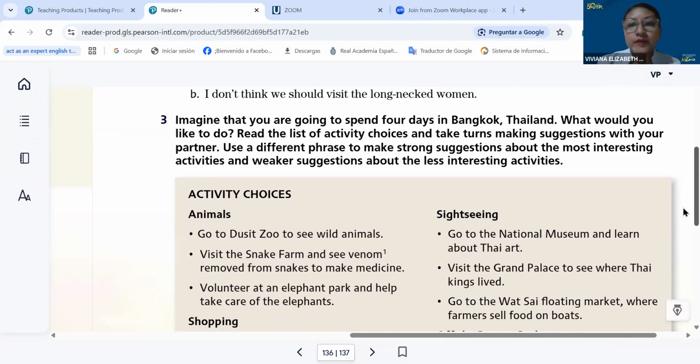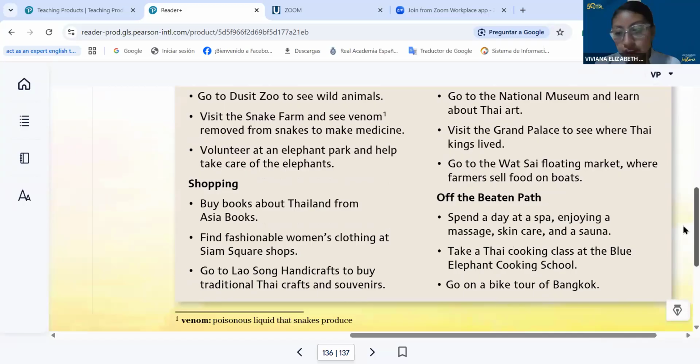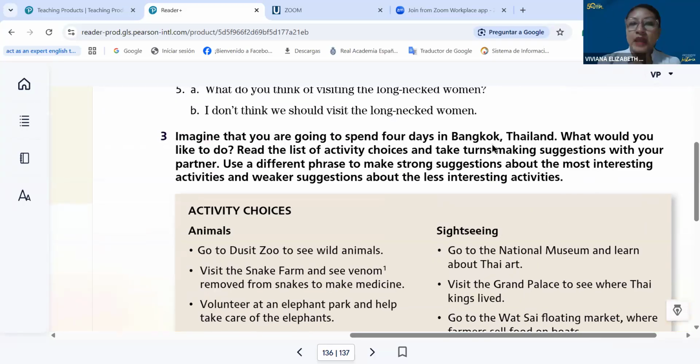Here you have a list of activity choices, different places, different activities. By taking turns in groups, you are going to make suggestions. Use a different phrase to make strong suggestions about the most interesting activities and weaker suggestions about the less interesting activities.